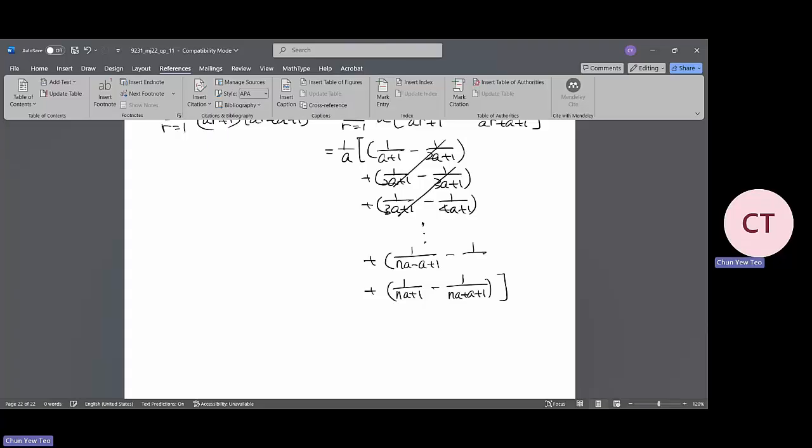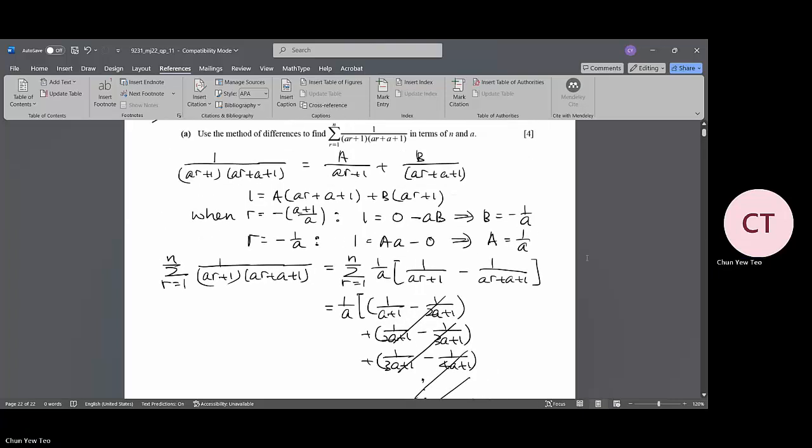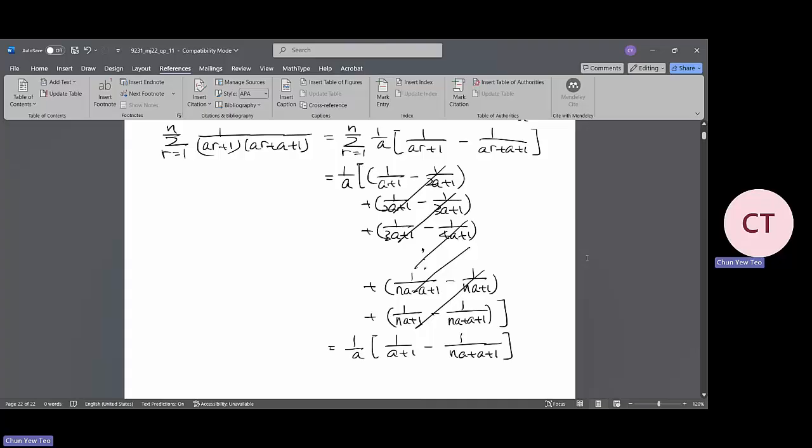You can see that the pattern of the cancellations will continue like this until the last term. So you have the first term remain and the last term remain. Okay, this will be the answer for part a.